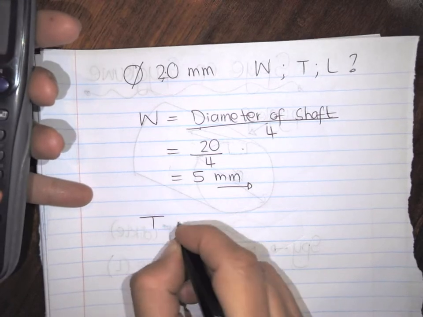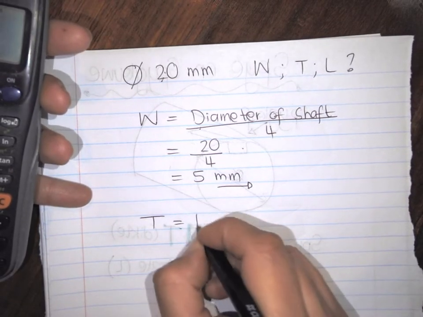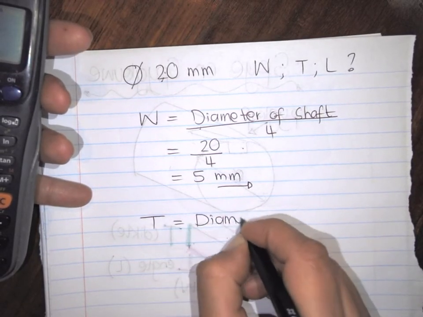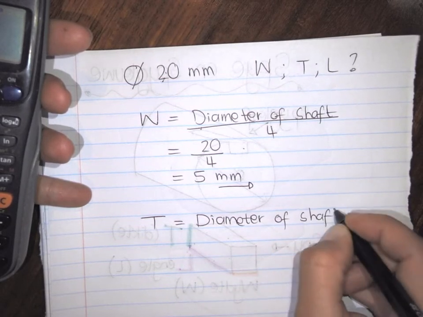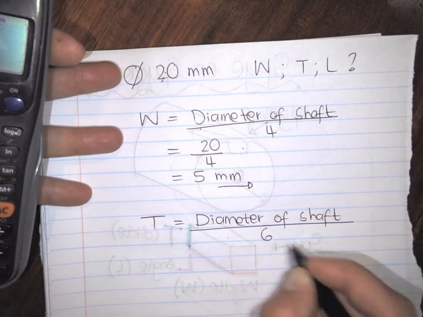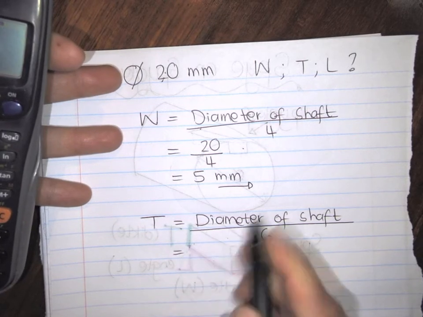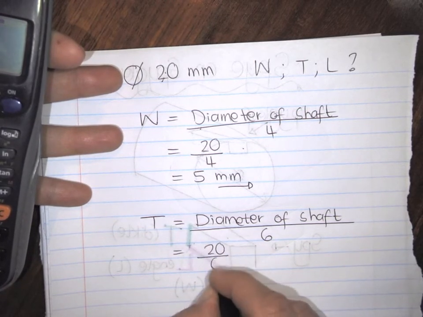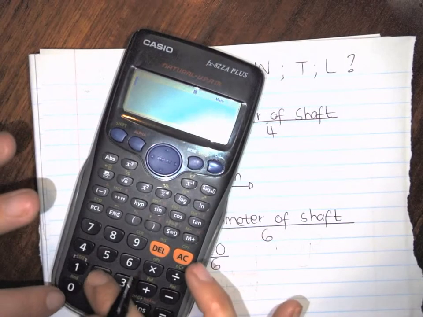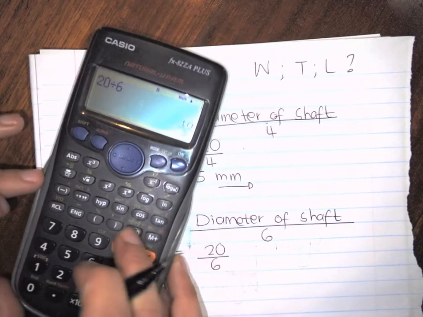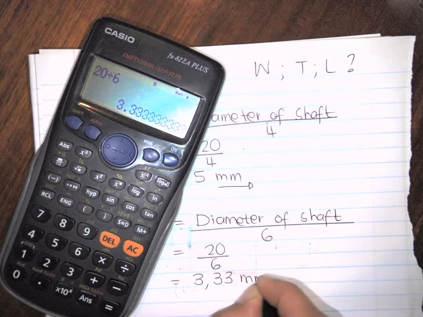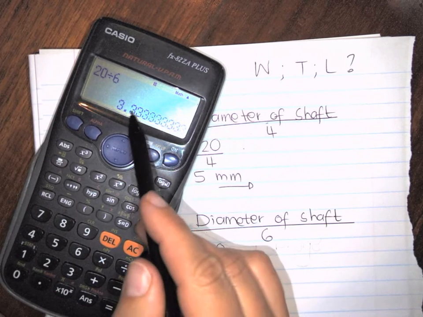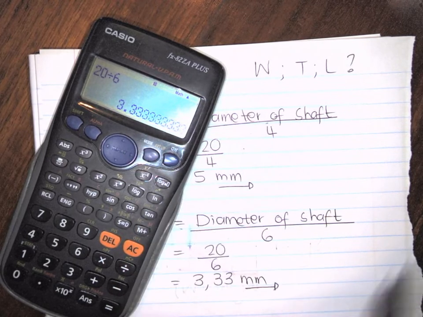Then the thickness is diameter of shaft divided by 6. Still the diameter is 20, now divided by 6. And that gives me 3,33 millimeters. Please remember to always round it off to 2 decimals.